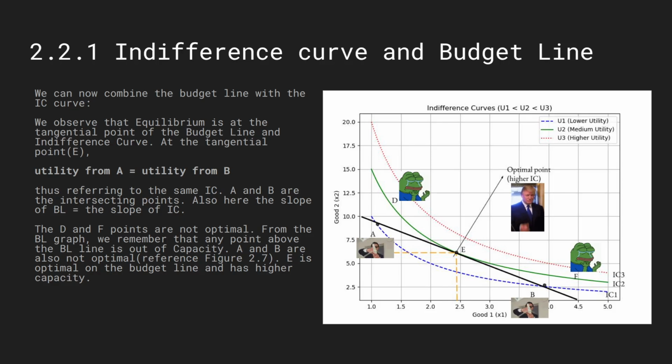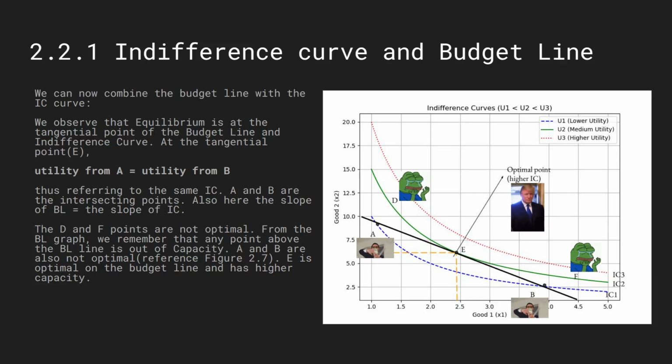So when we want to maximize our satisfaction, we cannot say A is the best for our satisfaction, because in this curve we can see that point E is better than A. You can have both goods and have more satisfaction at point E.